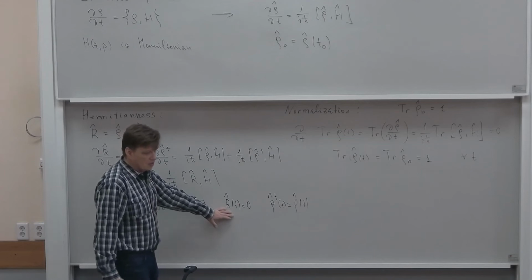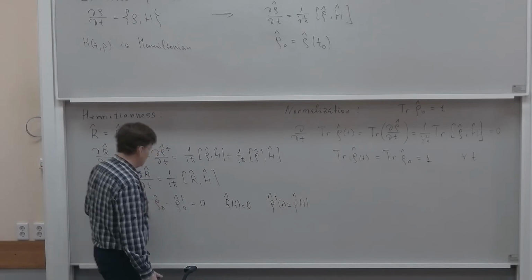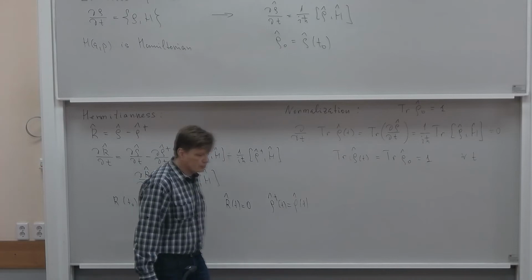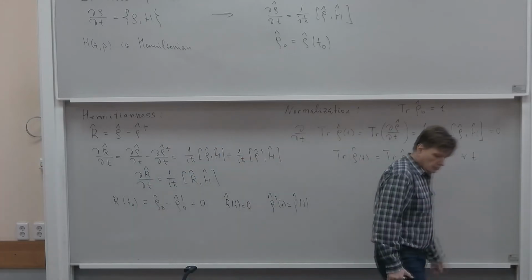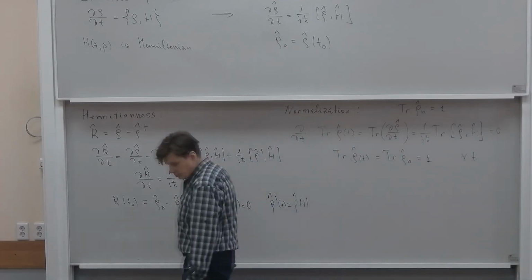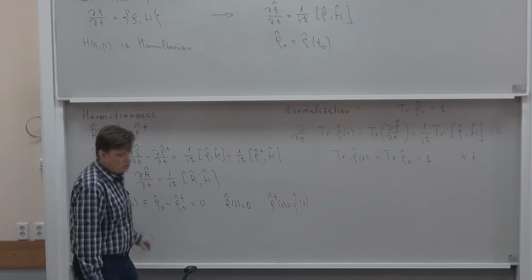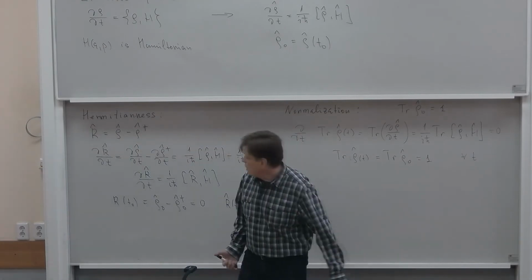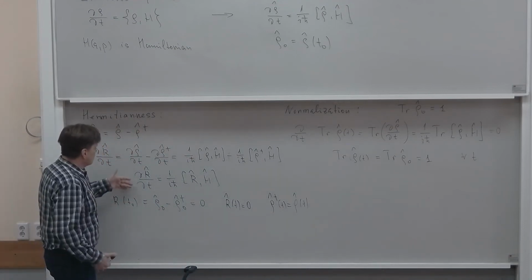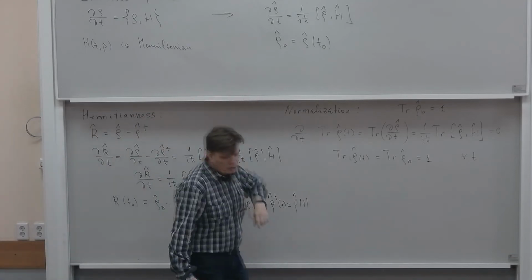And this means that the only solution to this equation plus boundary condition is R equal to 0. And we obtain this equation by identical transformations using the von Neumann equation.